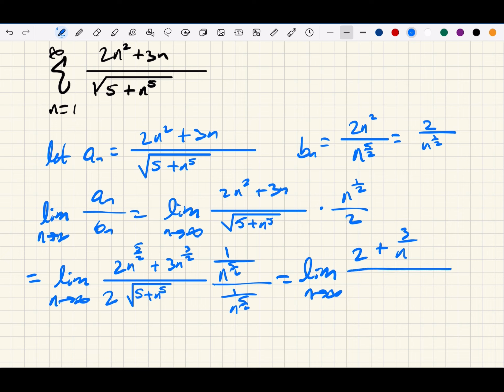And now in the bottom, here's the interesting part. That n to the 5 halves is the square root of n to the 5th, and it's in the denominator. So I'm going to wind up with the square root of 5 over n to the 5th plus n to the 5th over n to the 5th, right?